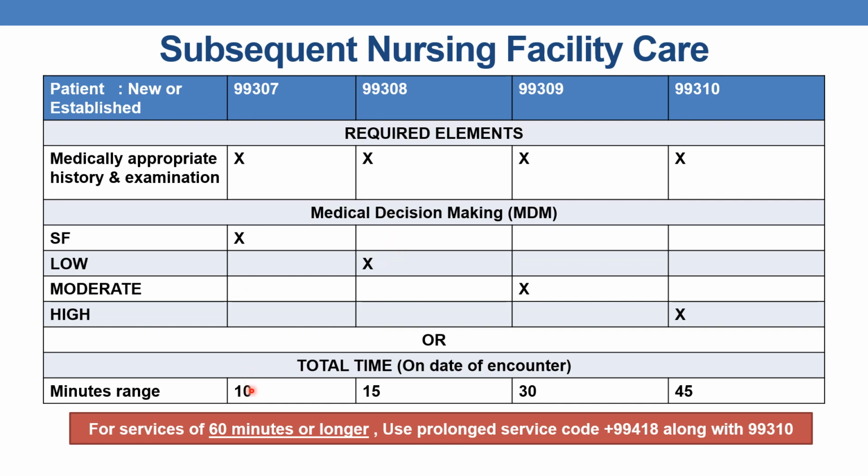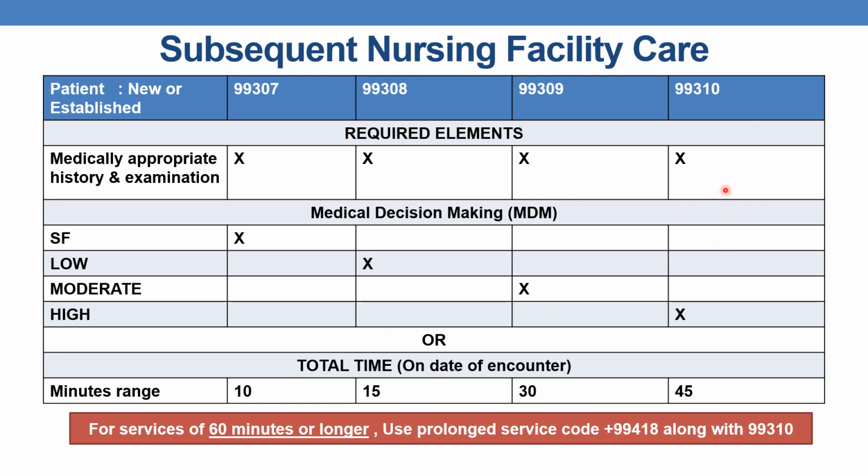Whenever time is considered, 60 minutes must be met or exceeded. To code 99308, it requires a low level of MDM, and whenever time is considered, 15 minutes must be met or exceeded. To code 99309, a moderate level of MDM is required, and whenever time is considered, 30 minutes must be met or exceeded on the date of encounter.